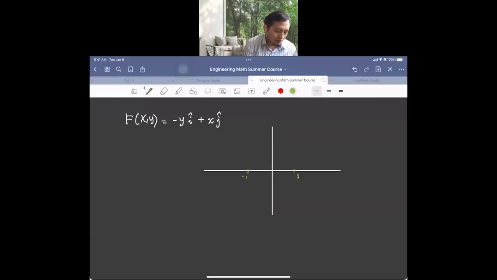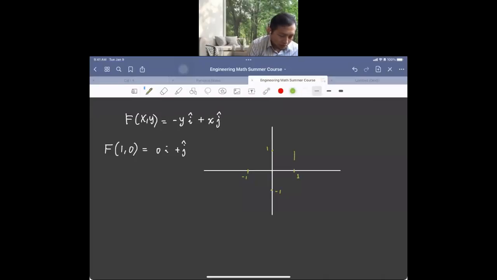Let me take this negative 1, negative 1, 1. Now at 1, 0, what will happen? At 1, 0, this is going up. So at 1, 0, what happens is 0 i, or just 0, and then we have plus j. So it goes up 1 unit of j.